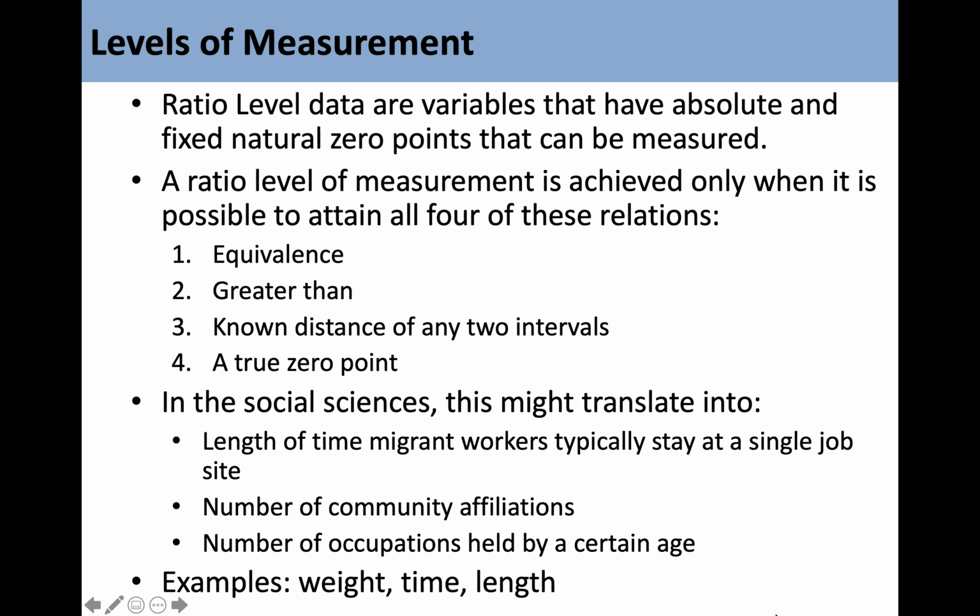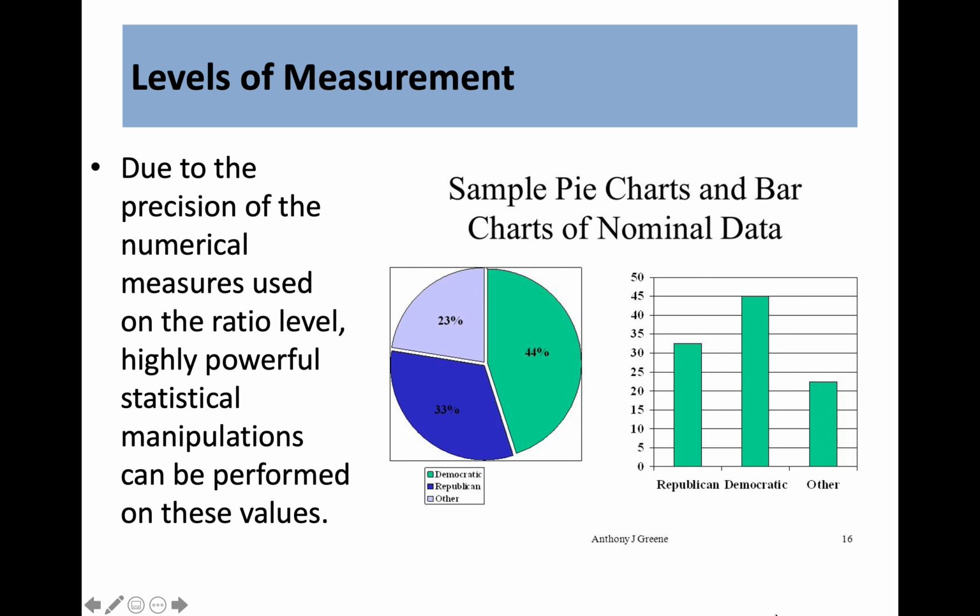Examples would be your weight, the time that somebody spent someplace, and the length of something. Those are all absolute numbers. Due to the precision of numerical measures used on the ratio level, highly powerful statistical manipulations can be performed on these values.